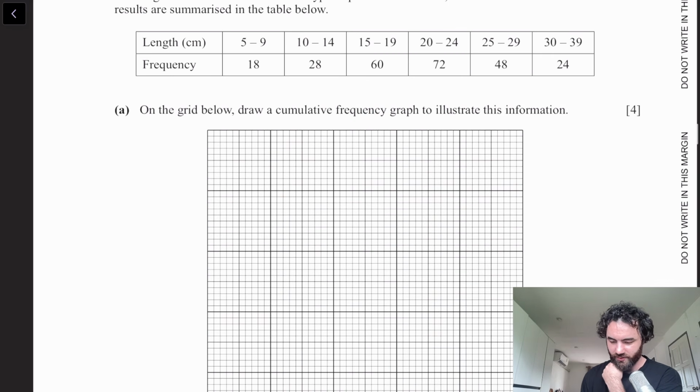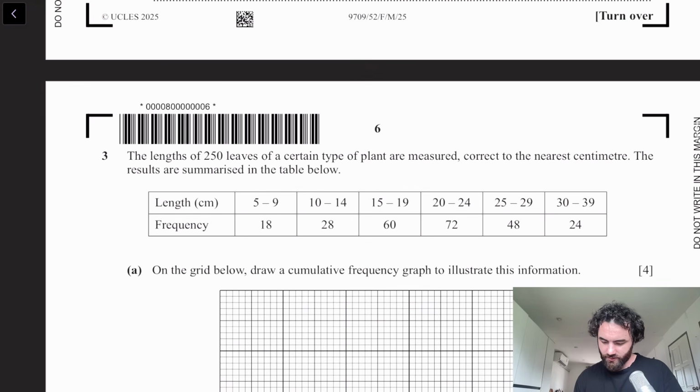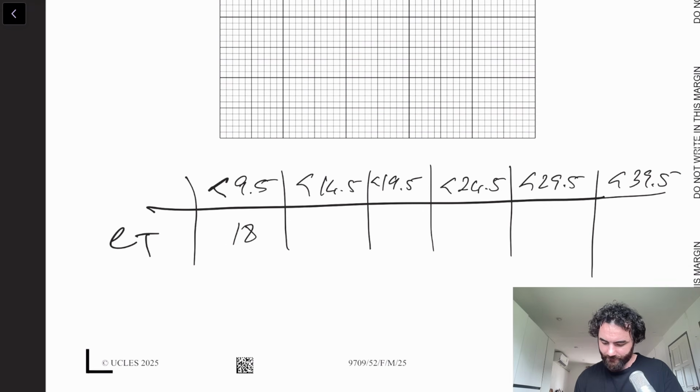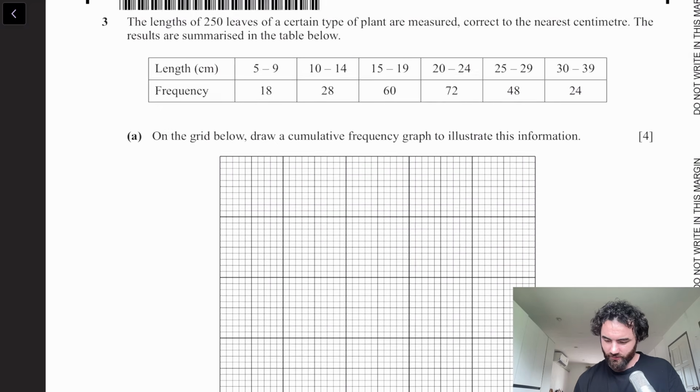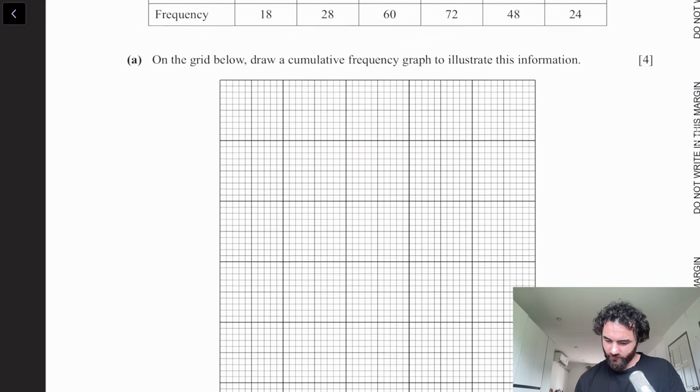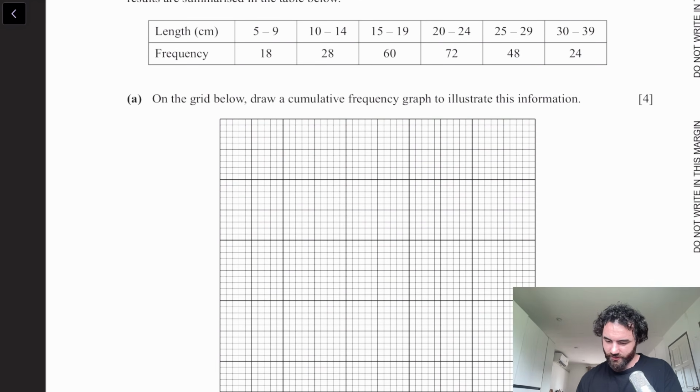Then it's cumulative, so 18 plus 28. So we just add these things. 18 plus 28 is 46.